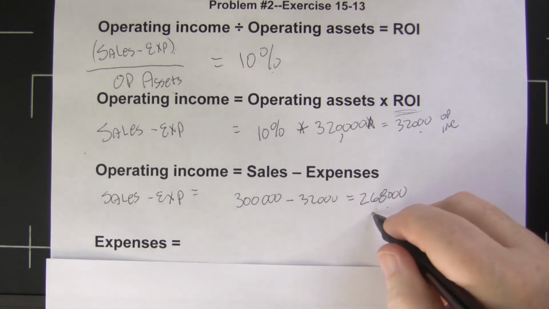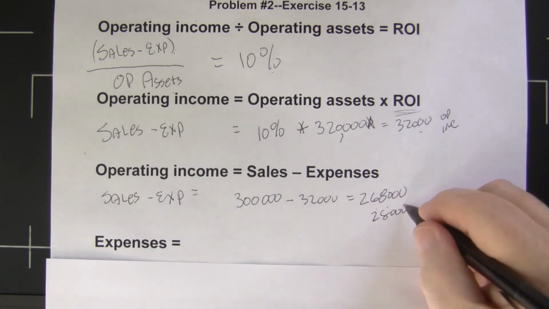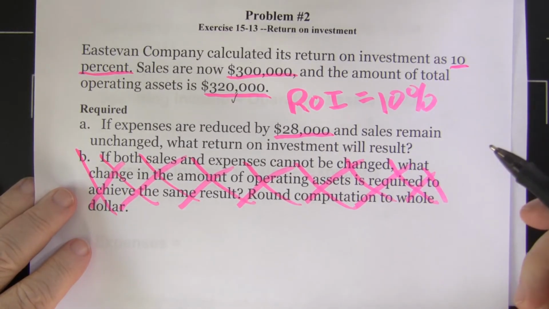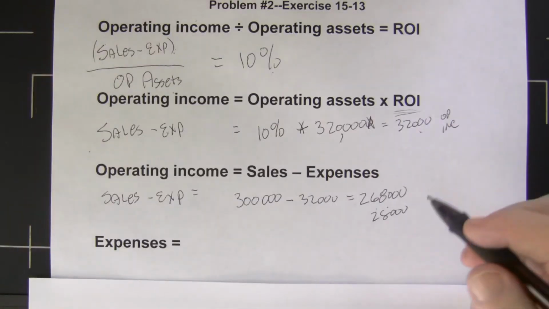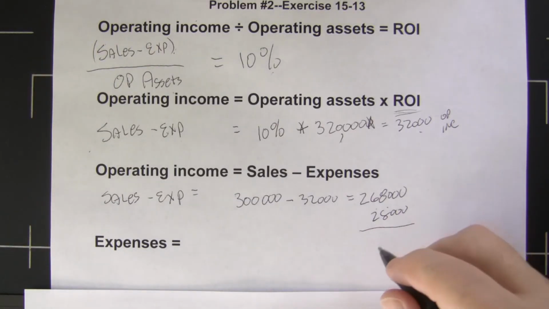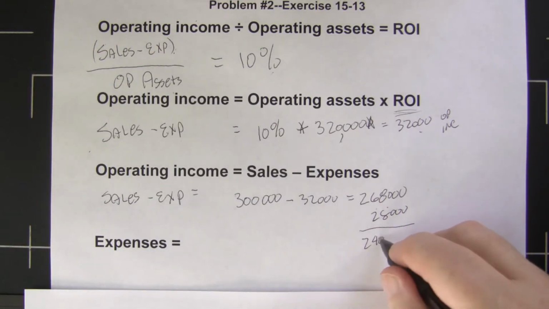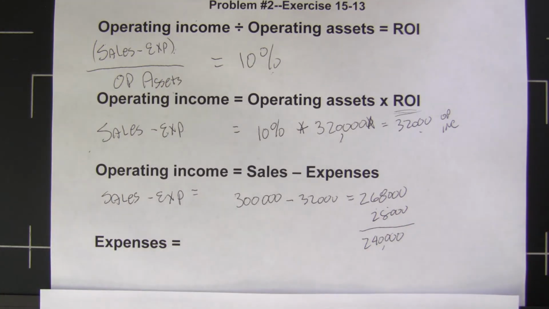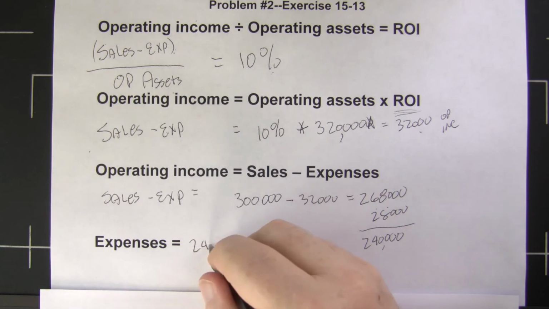If we reduce them by 28,000, like the problem asks us to do, what return on investment will result? Well, our expenses will go to 240,000. So our new expenses are 240,000.